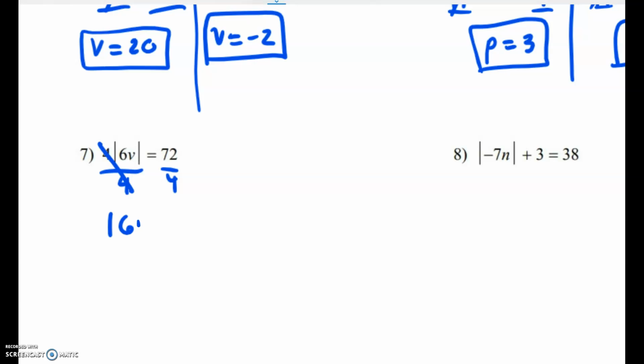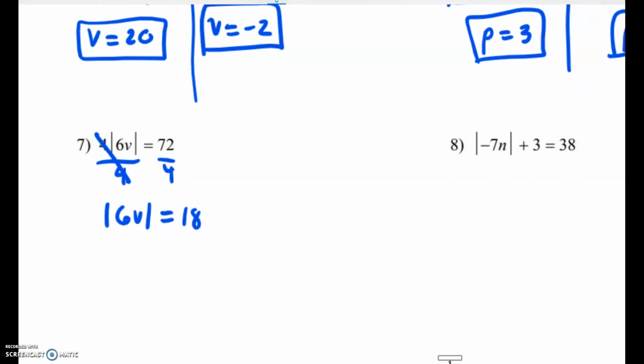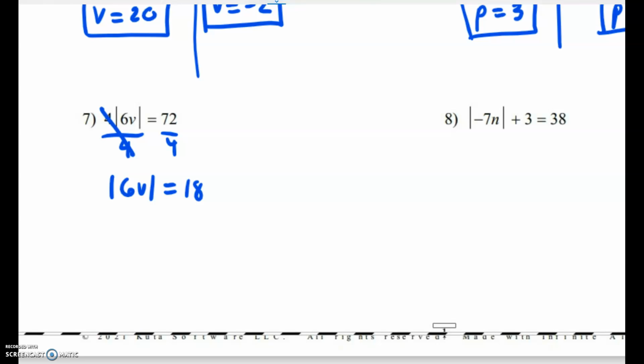Now I have the absolute value of 6v is equal to 72 divided by 4, which is 18. So absolute value of 6v is equal to 18. Now that the absolute value is by itself, everything over here is just inside. Now I can set up my two cases.